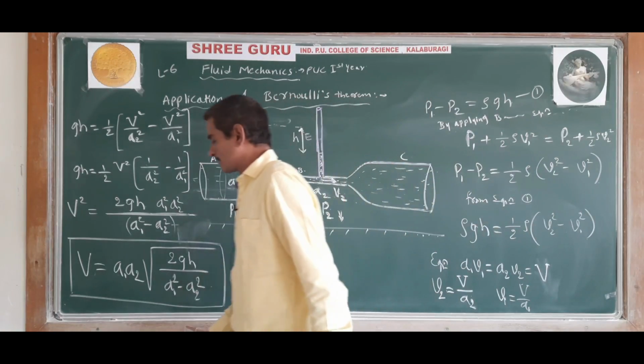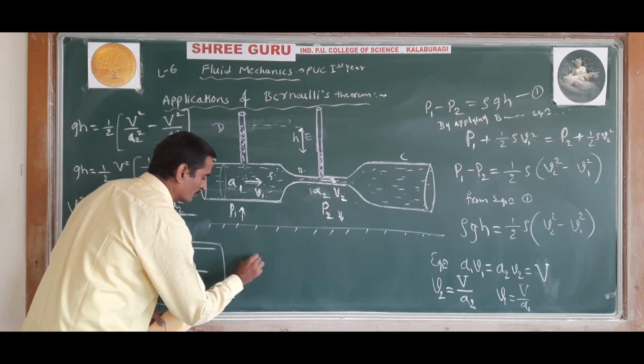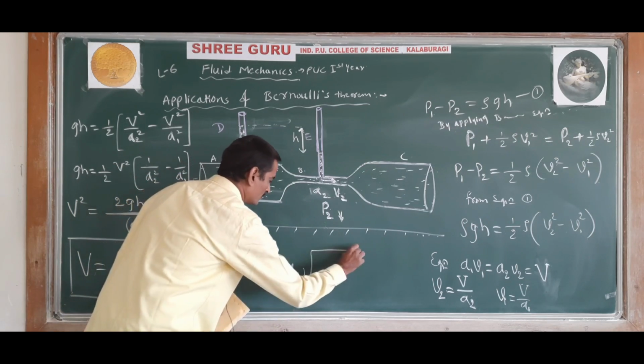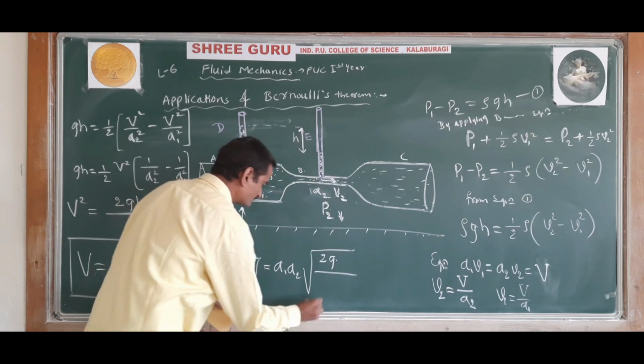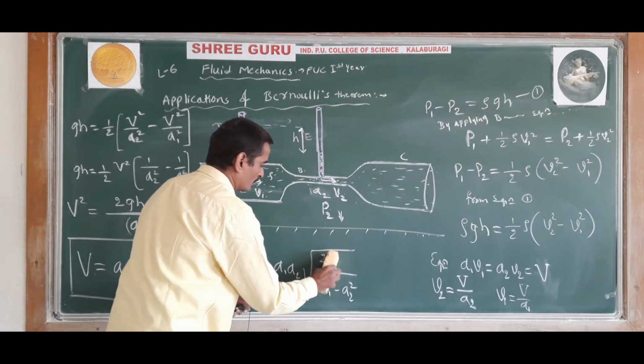Instead of this formula you can also write, capital V is equal to A1 A2 under root 2G divided by A1 square minus A2 square, into GH.